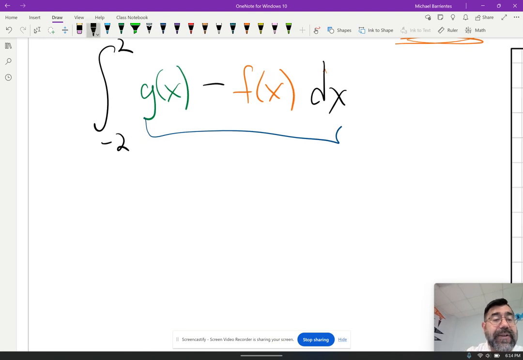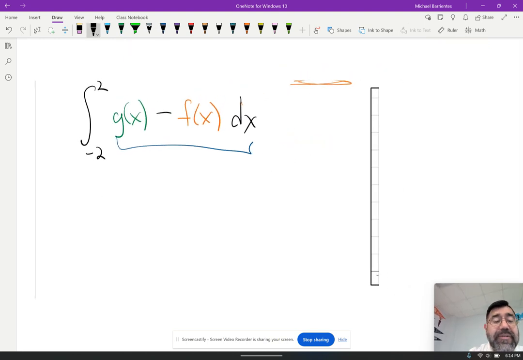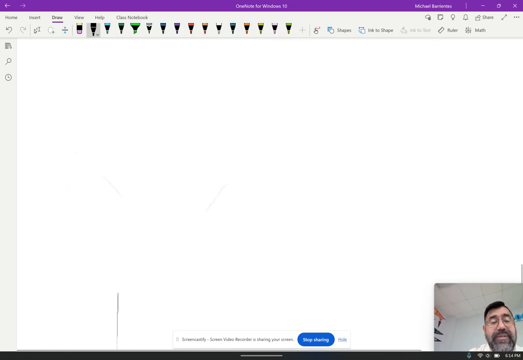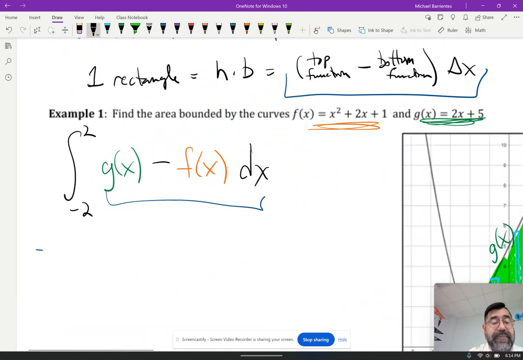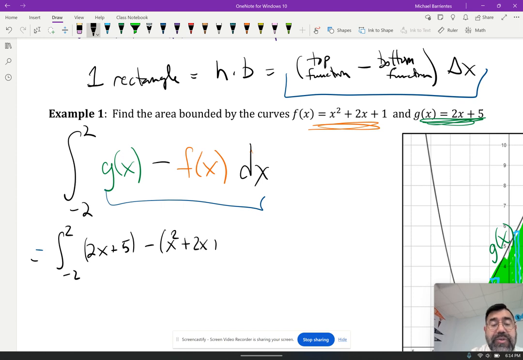So if I can figure this out, I'm done. Great. Can I figure this out? This is equal to the integral from negative 2 to 2 of the top function minus the bottom function. Why am I using parentheses? Because when I'm subtracting the second one, I have to make sure that I keep track of all the minus signs.